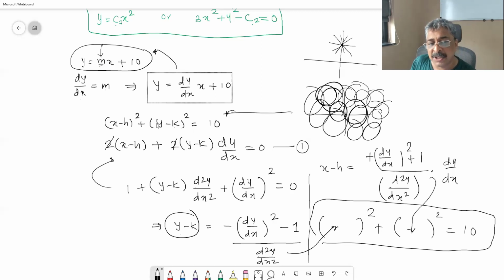However, in the second curve that we have said, there were two arbitrary constants h and k, and therefore to get rid of h and k simultaneously, we had to differentiate two times. So the number of arbitrary constants is going to be equal to the order of the differential equation.